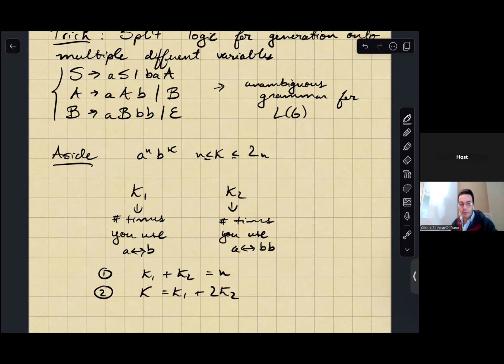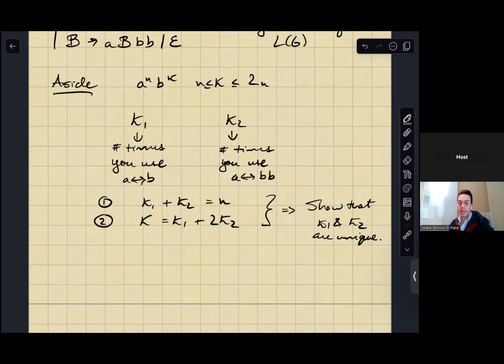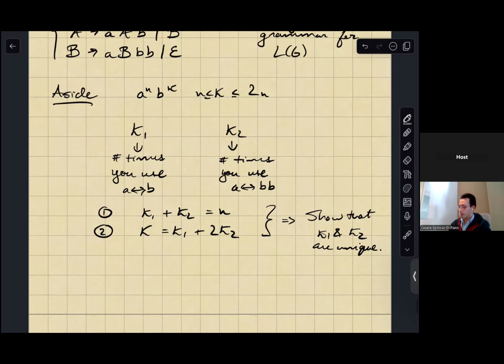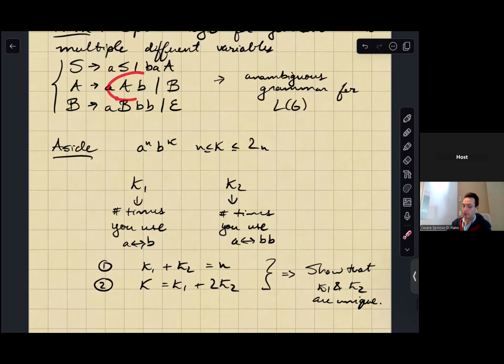And so it turns out if you do a bit of algebra, you can show that K1 and K2 are unique, okay? And so that tells you that there's only one number of ways of using this production rule and this production rule to get the string that you want.